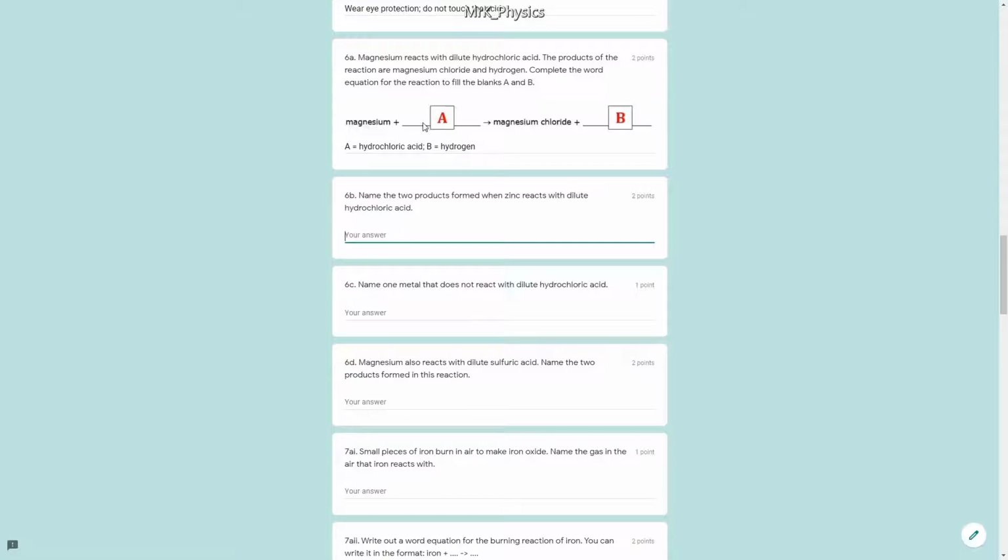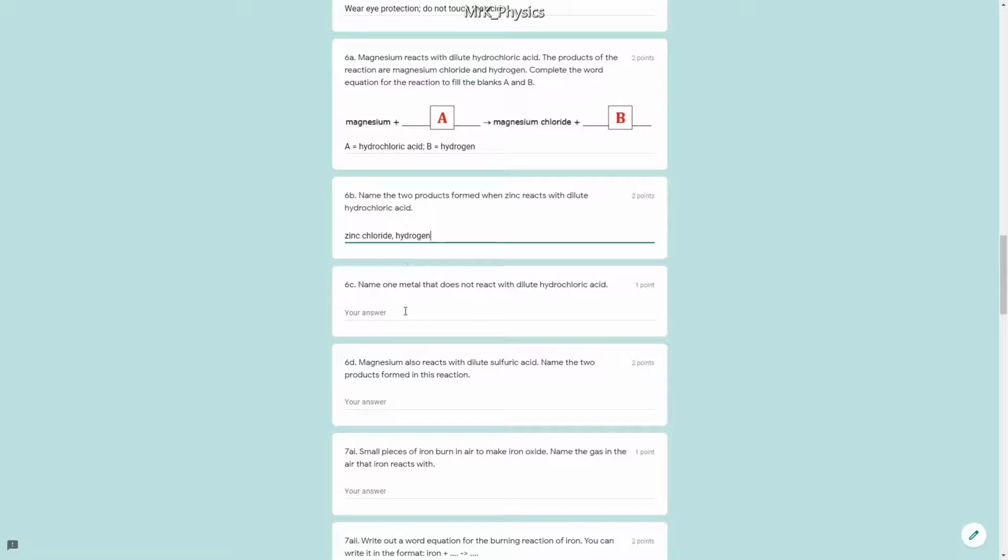So if magnesium and hydrochloric acid gave us magnesium chloride, which is our salt, then zinc and hydrochloric acid should give us zinc chloride. Well, here we've got zinc chloride plus something. Well, magnesium with the hydrochloric acid gave us magnesium chloride. We've covered that bit, that's our salt, plus the hydrogen gas. So here, just by replacing our metal, we should also get the hydrogen gas, or we'll just put it as hydrogen.